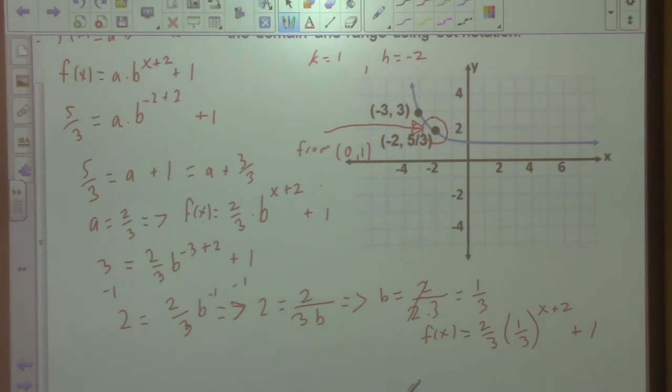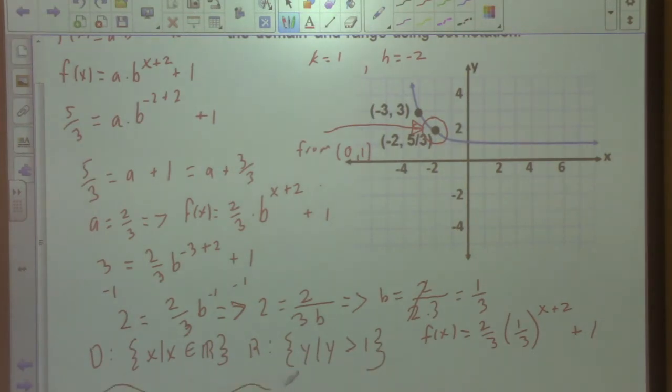And the last thing, it says domain and range using set notation. So domain is going to be x such that x is an element of all real numbers, and range, y such that y is greater than 1.